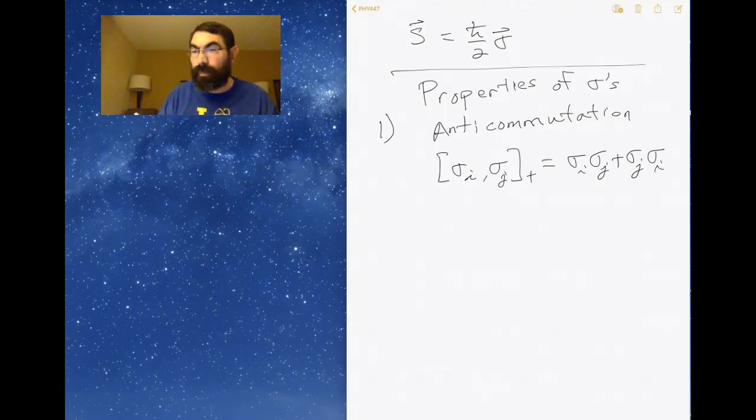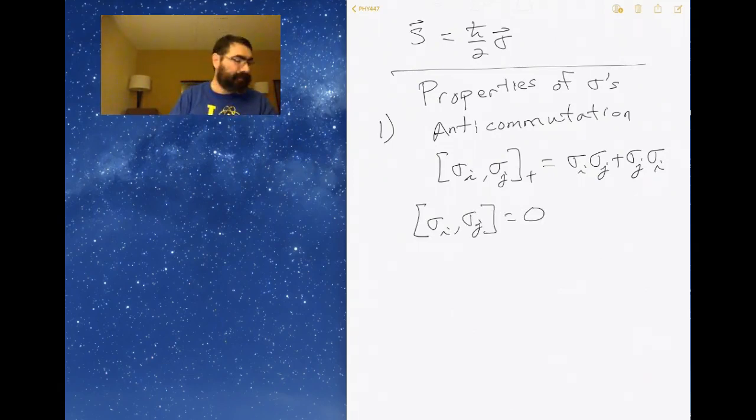So it has a plus instead of the minus. For the Pauli spin matrices, that's equal to 0.